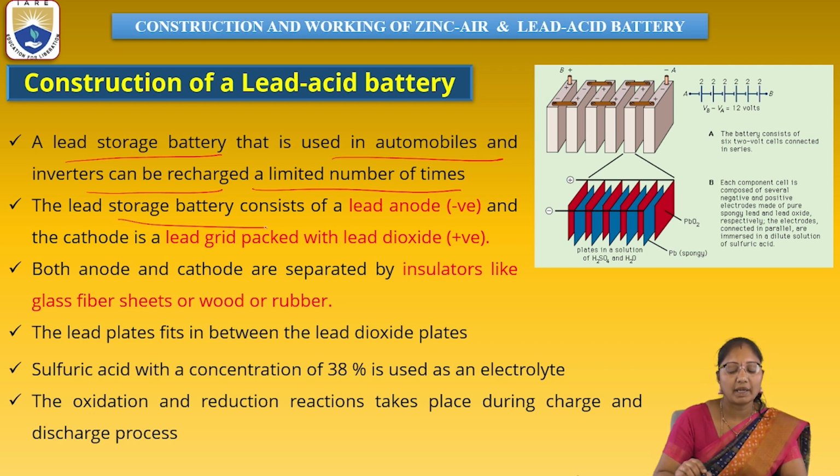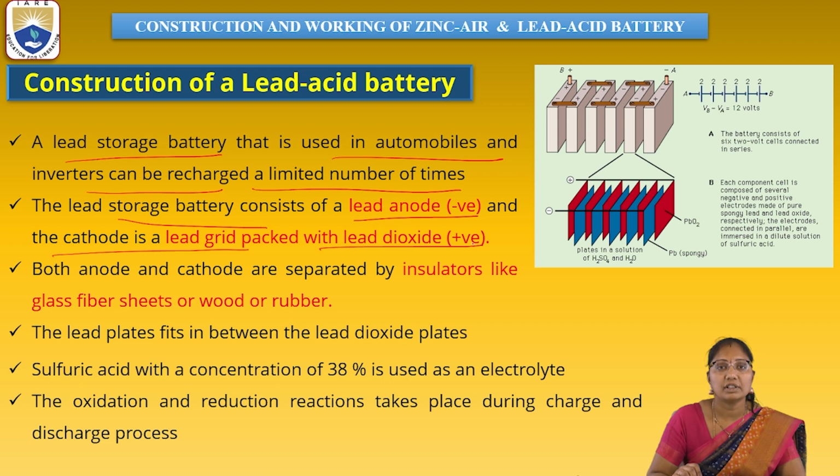The lead storage battery consists of lead, which acts as the negative terminal, and the cathode is a lead grid packed with lead dioxide. So the lead grid is here. The battery consists of six 2-volt cells connected in series.